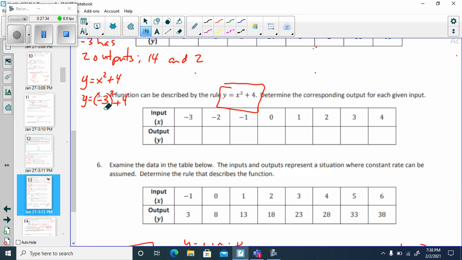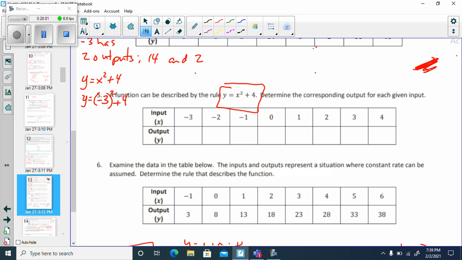Y is equal to, if your value is negative and you're squaring it, you have got to put this in parentheses before you put it in your calculator. Please try this in a calculator. You know that negative 3 squared is negative 3 times negative 3, which is a positive 9. But if you don't put parentheses there, you will wind up with a negative 9 from your calculator. Try it. Put just this in, negative 3 squared. What you will wind up getting is a negative 9 because your calculator thinks you're squaring 3 and then making it negative.